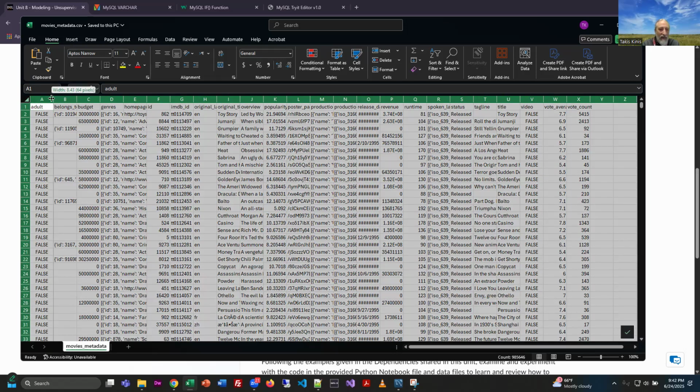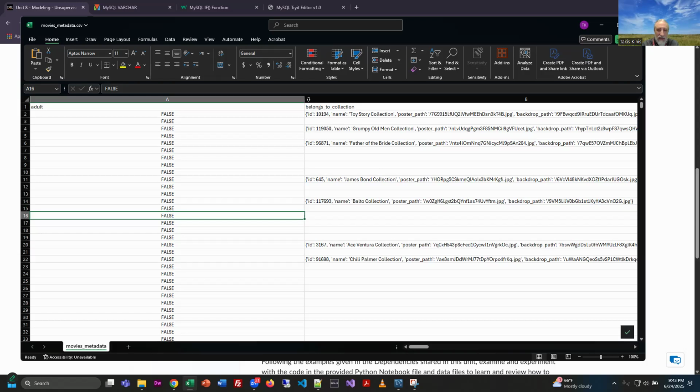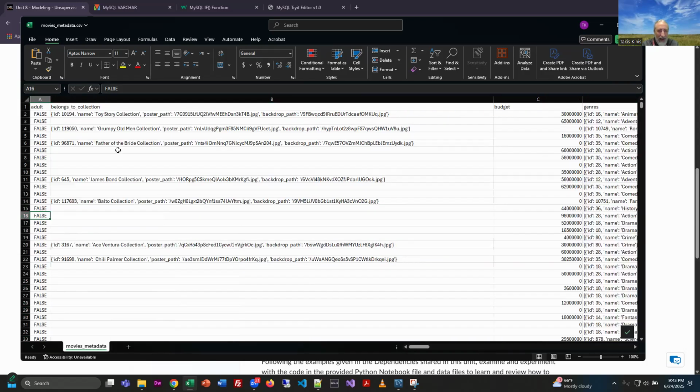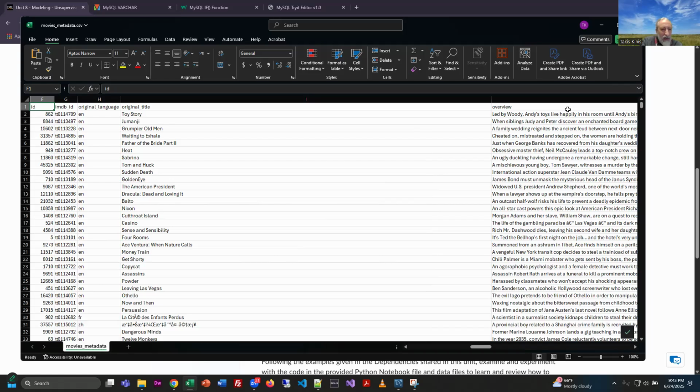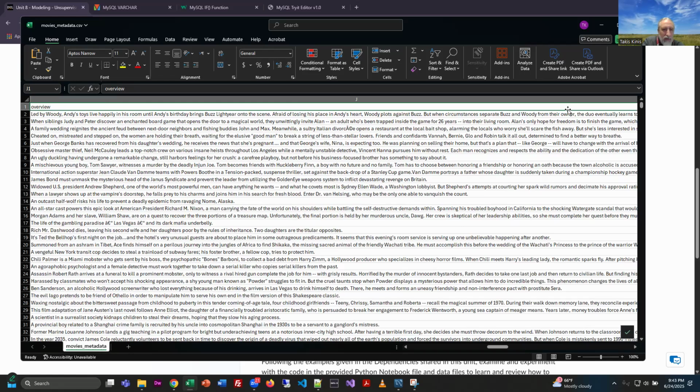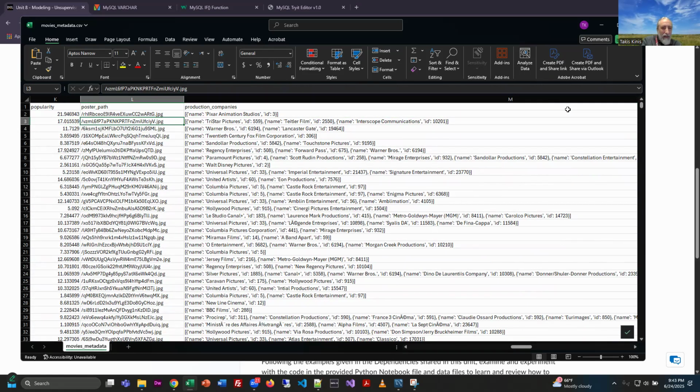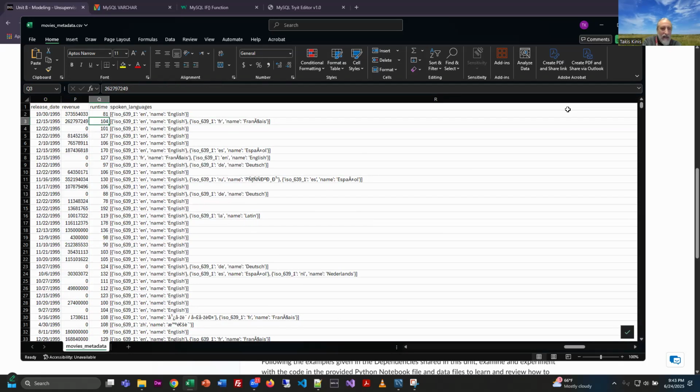Because it's a CSV file, all the columns aren't necessarily efficient. But I want you to notice the kind of data that's in here. Is it an adult movie? Does it belong to a collection, like, is it part of a bunch of different movies? What was their budget? Their genres? And it goes on and on: IMDb ID number, language, title, overview, a plot, a pathway to the image for the poster, who put it together, and the data just goes on and on.